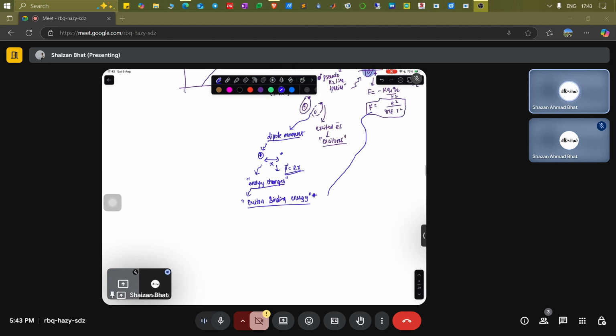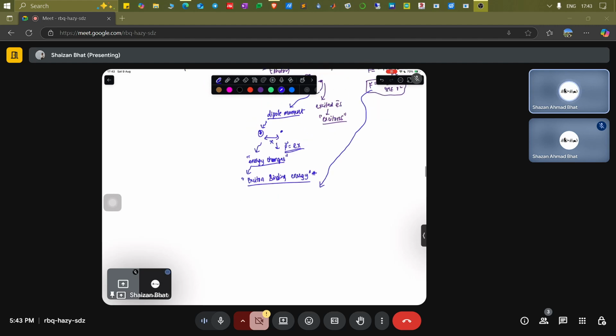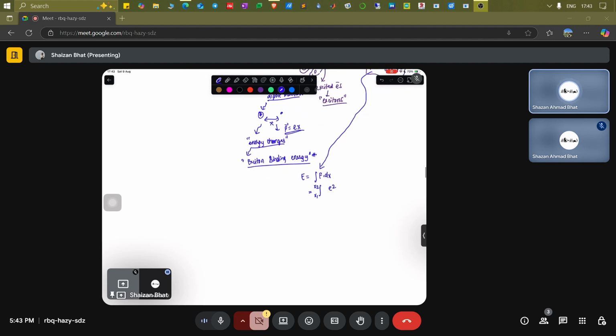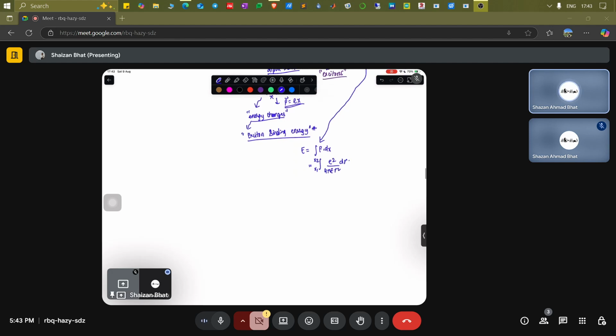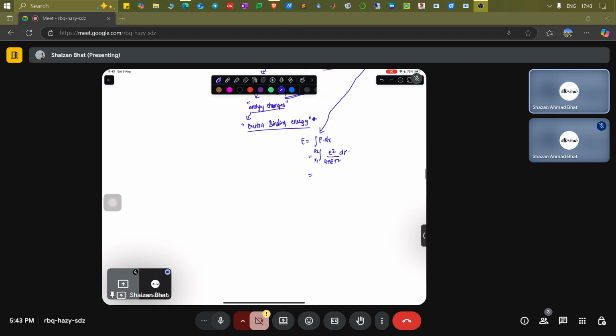If you know the force, you can compute the exciton binding energy quite easily. You know that the energy can be written as some integral of F dot dx, from x1 to x2. You know the force, which is basically e square over 4 pi epsilon r square, times dr. You write it in terms of the spherical system, so you can write it as e square over 4 pi epsilon times the integral of 1 over r square dr. You can integrate this.